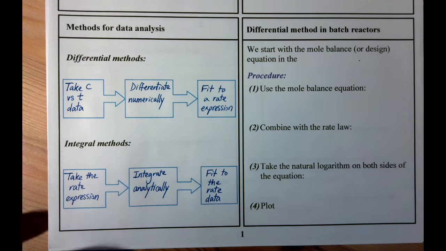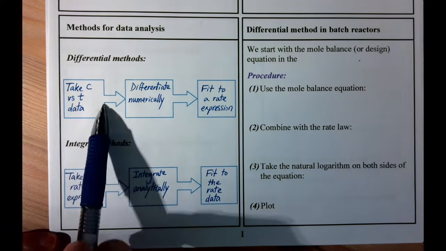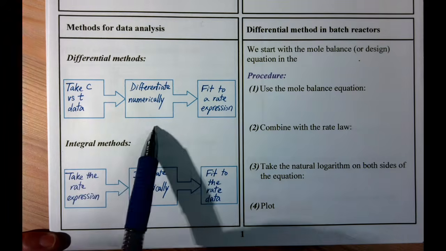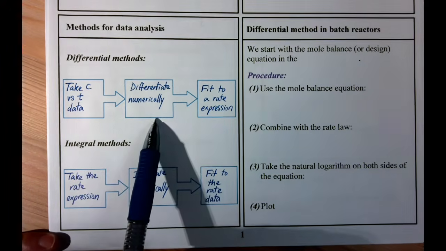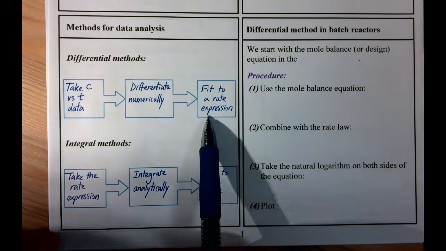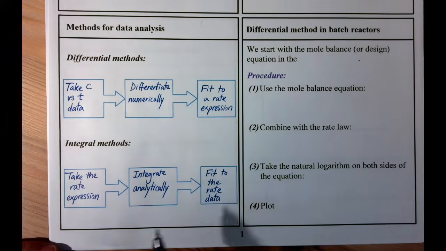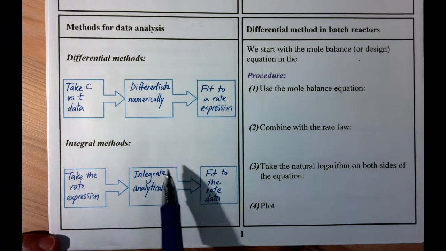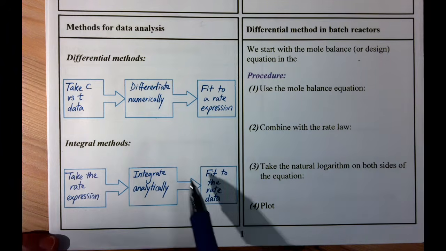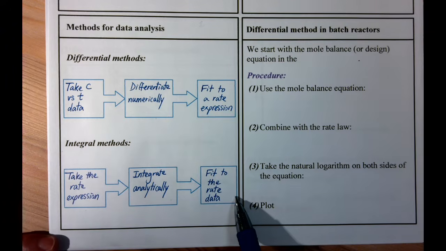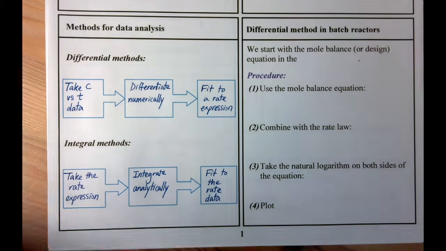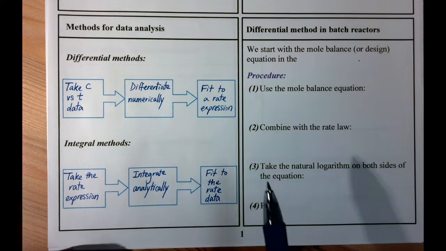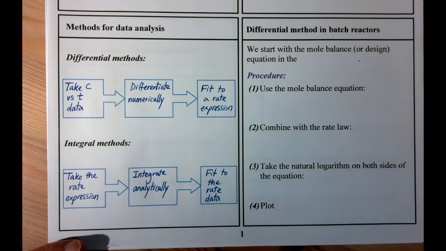So for differential methods, you start with experimental data, you differentiate those data points, and then you fit them to a rate expression. Whereas in an integral method, you guess a rate expression, you integrate it analytically, and you fit that integration to the experimental data.